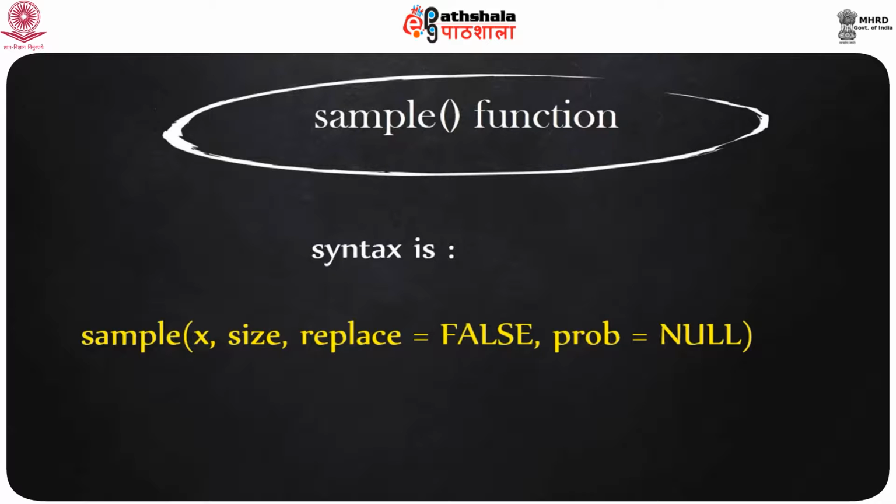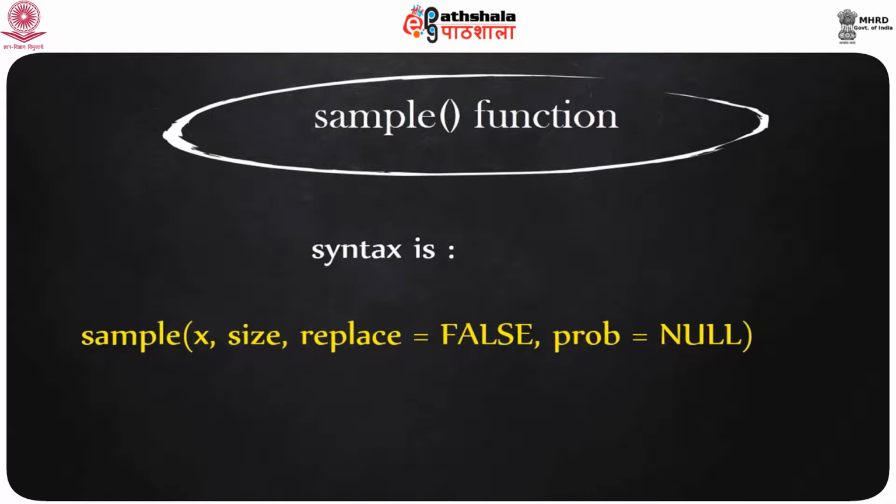With the x argument, one can specify the vector of elements from which one can draw the numbers. The next argument, size, specifies the number of items which are required to be taken out.